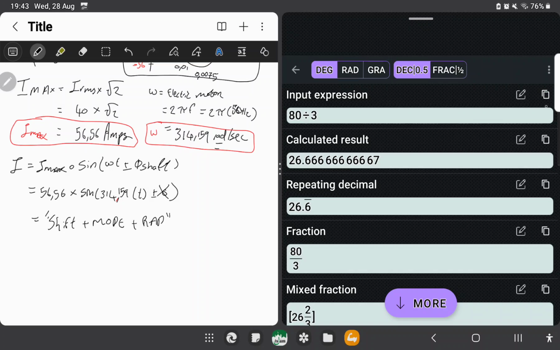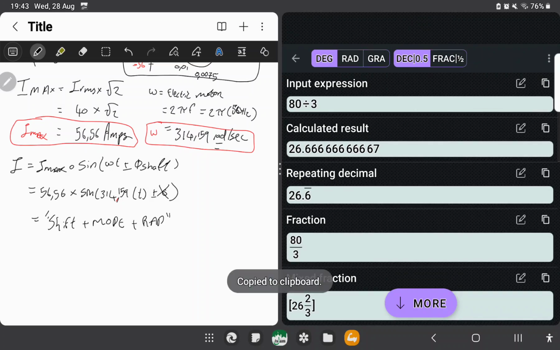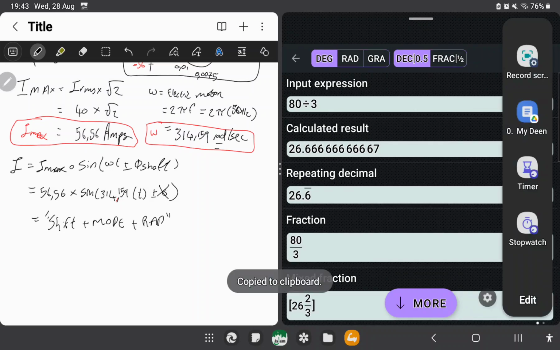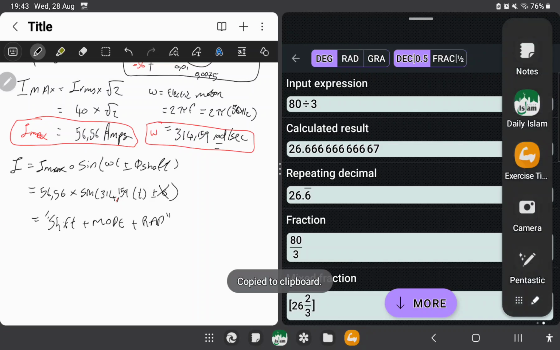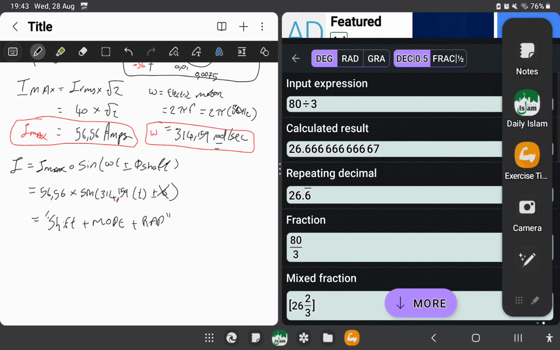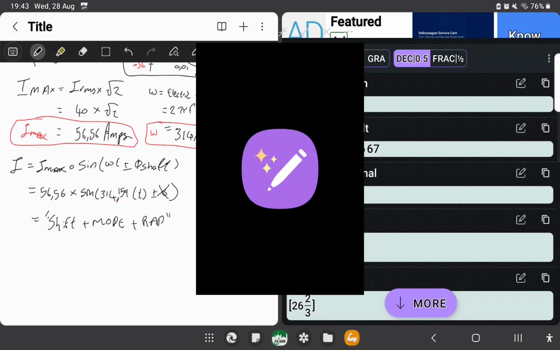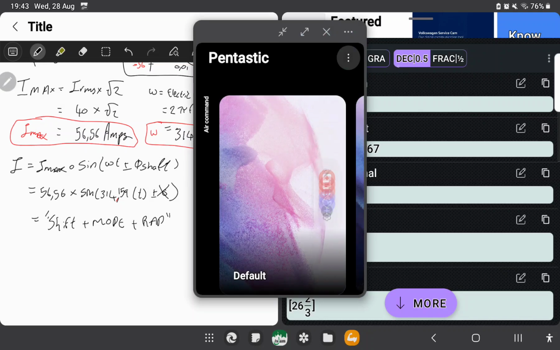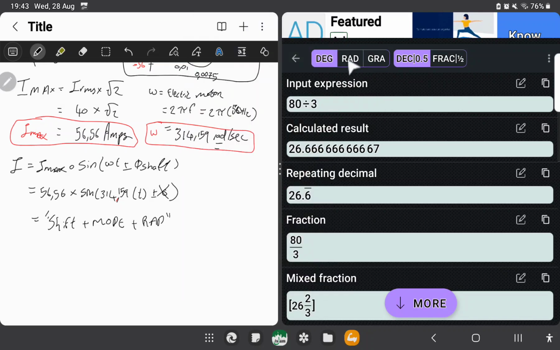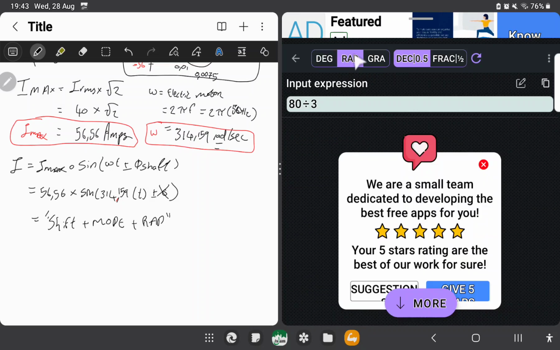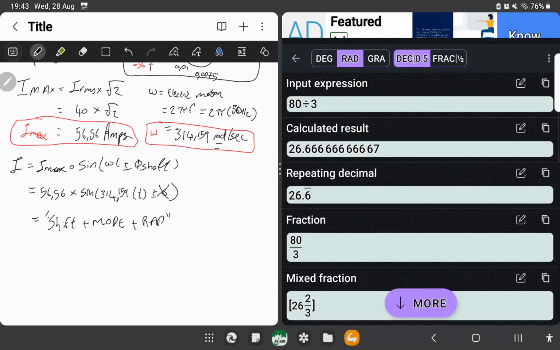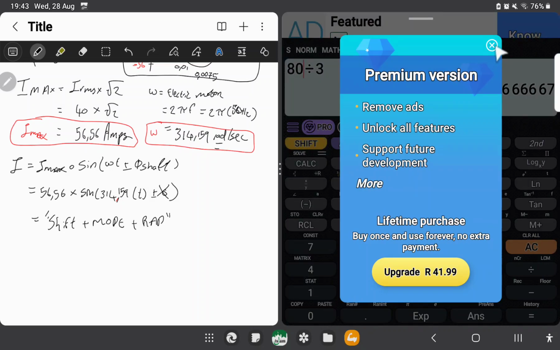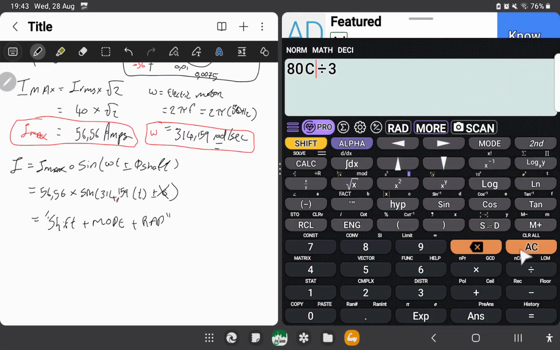Let me just make my cursor a bit bigger. Over here you can see degrees, and we're going to shift to radians. Then we're going to go back and clear this.